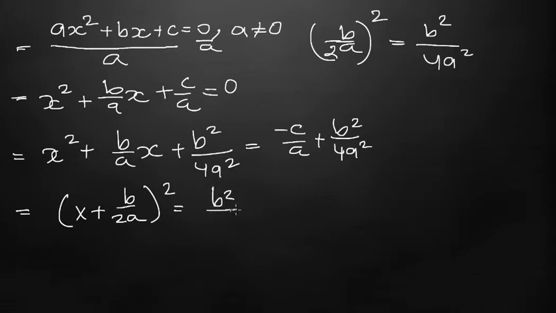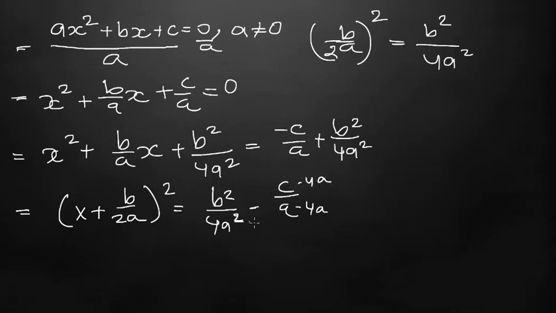b squared over 4a squared, I'm just switching this, and so that is negative c over a. And because I have 4a squared and a, and I want to make these the same, what I have to do is multiply both sides by 4a, and this one too by 4a.